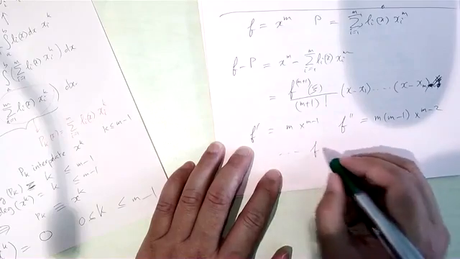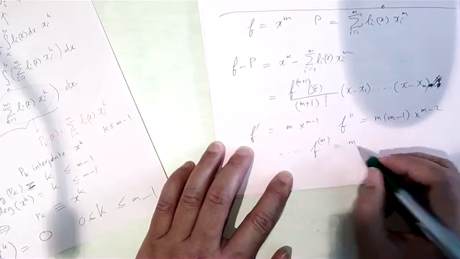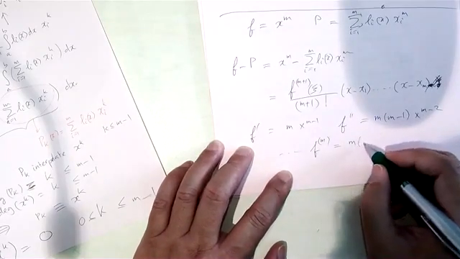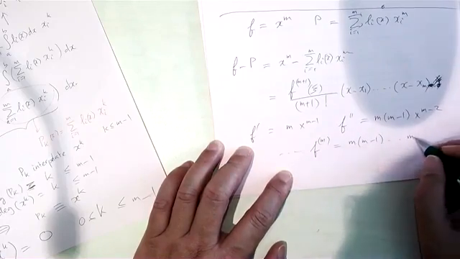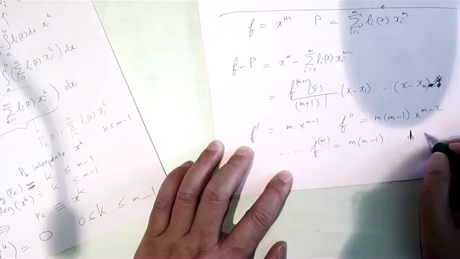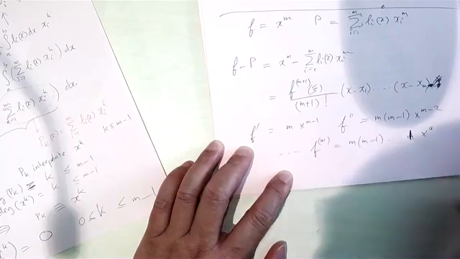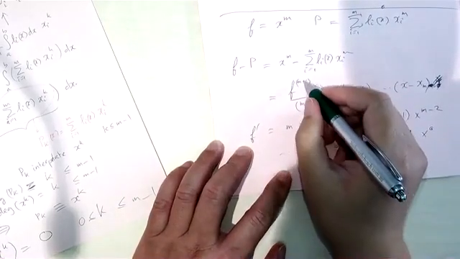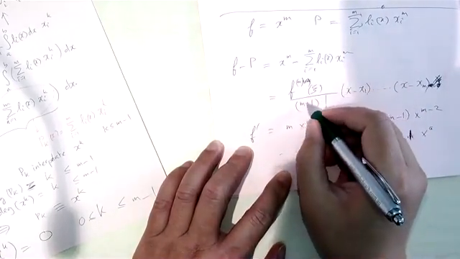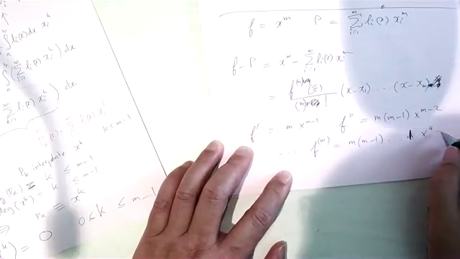So the m-th derivative will be m times (m minus 1) down to 1, and x to the 0. Actually this one should be only the m-th derivative, not m plus 1, because in the theorem we have m plus 1 points. So x to the 0 is 1, and this one equals m factorial.